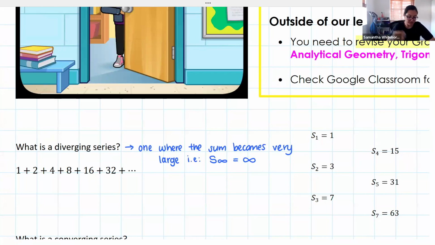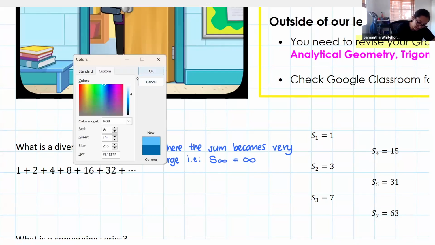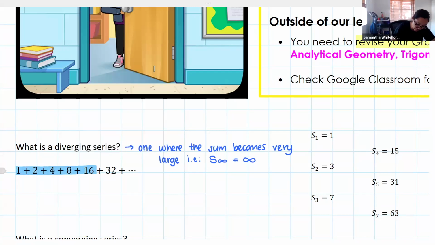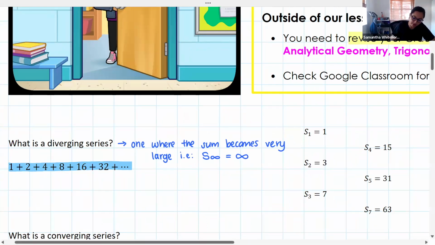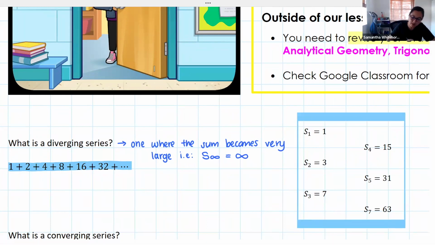An example of a diverging series is the one I've put down here. So if we have a look at this example, 1 plus 2 plus 4 plus 8 plus 16 plus 32 plus 64, etc. So if we started to find the sum of those terms, which you can see in this block over here, as we start to find the sum of the terms, what we can see is that the sum just keeps getting bigger.